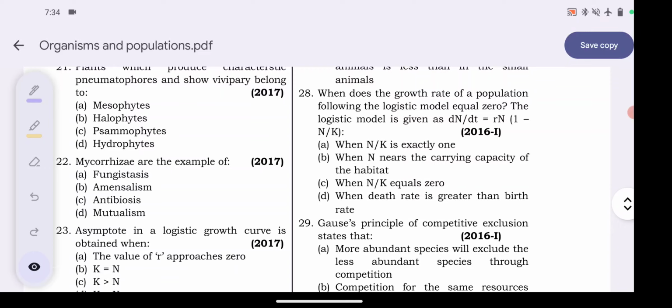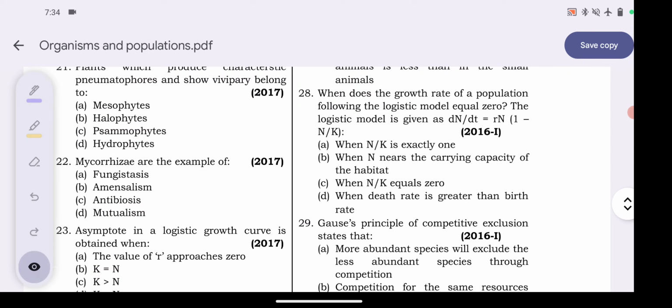Option B, when N nears the carrying capacity of the habitat. Option C, when N/K equals 0. Option D, when death rate is greater than birth rate. So here the answer will be option A, when N/K is exactly 1. Okay.